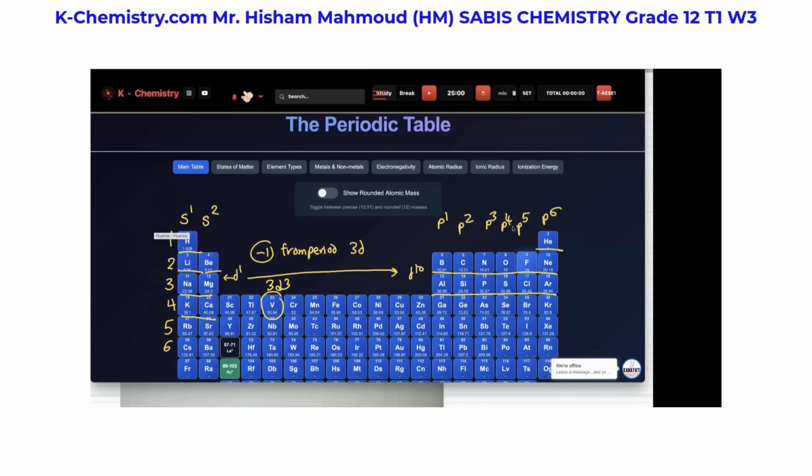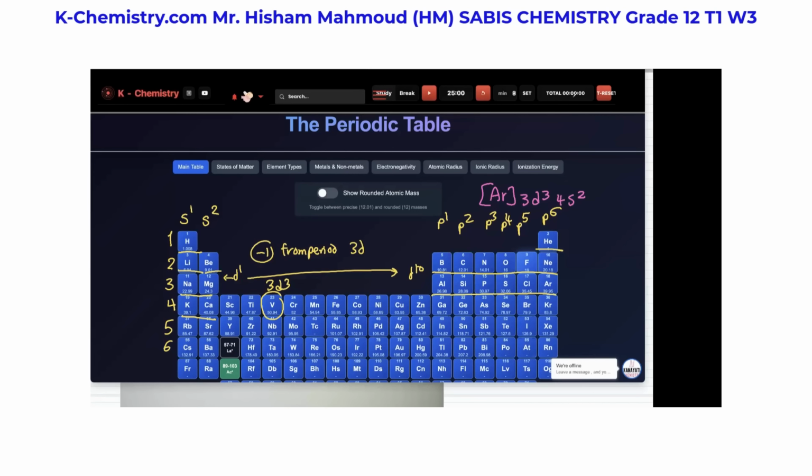This will help you not to forget. So let's write the configuration one more time. We said you are at argon here. We can write argon. We didn't say write the shorthand, but this time only I'm writing it. And then 4s2, and then 3d3. So in the transition metals, it's better to write the 3d first, and then the 4s2. Why am I doing it like that?